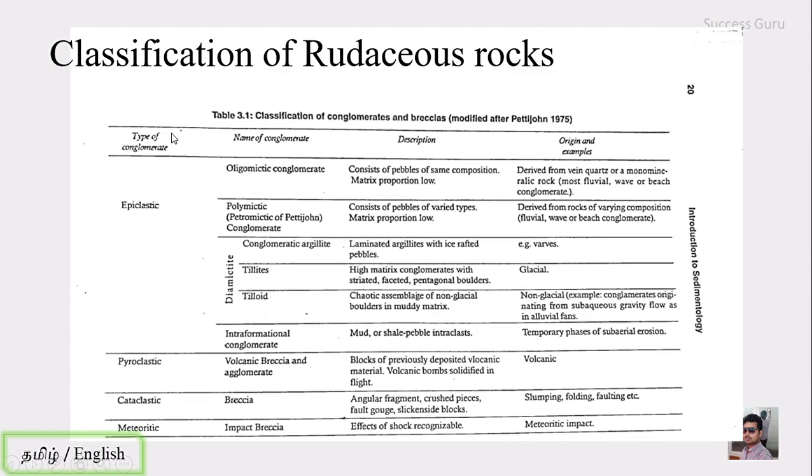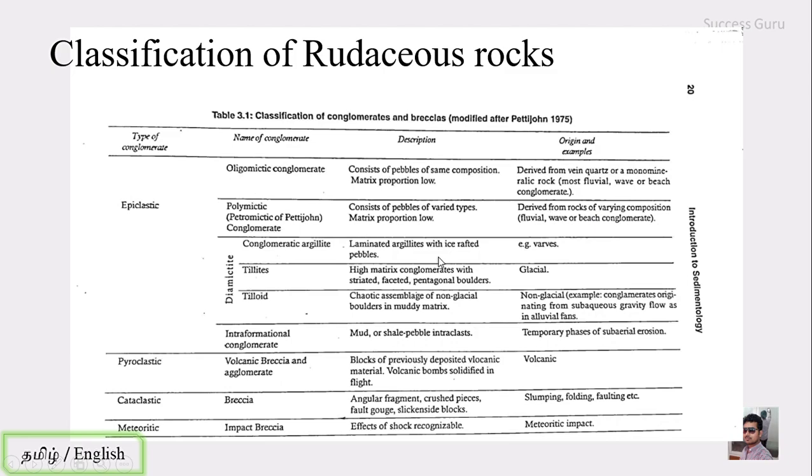Okay, so these are the different types of rudaceous rock, and epiclastic is further classified into oligomictic, polymictic, diamictic, and intraformational conglomerate. Oligomictic means the conglomerate consisting of the same composition, derived from vein quartz or monomineralic rock, mostly formed as fluvial, wave, or beach conglomerate.